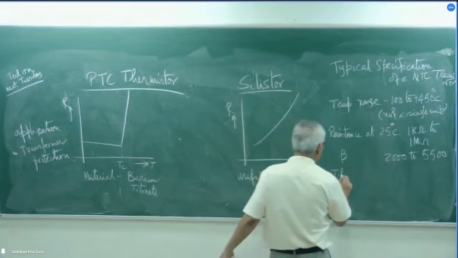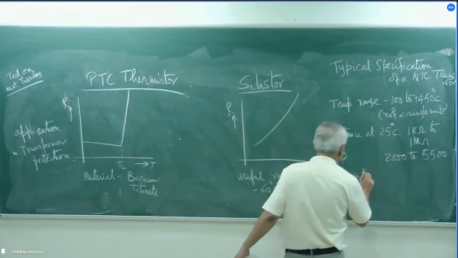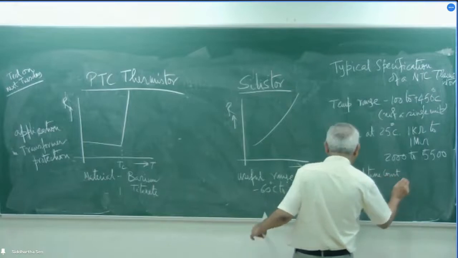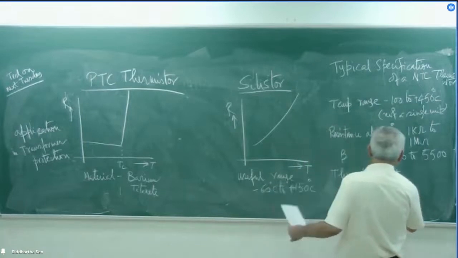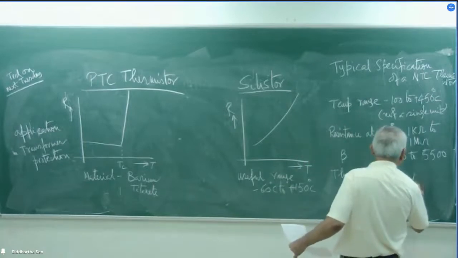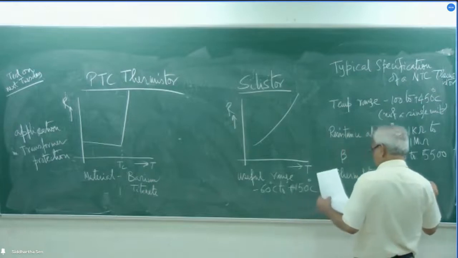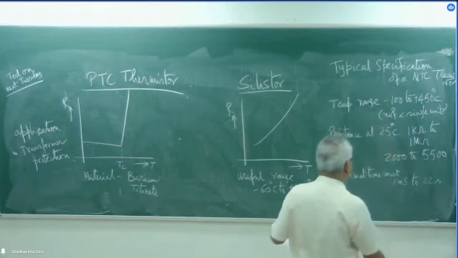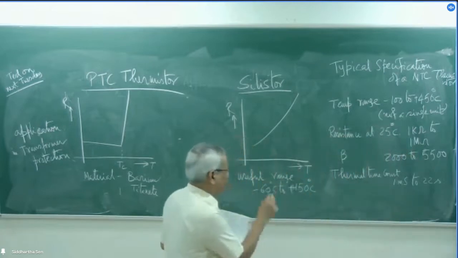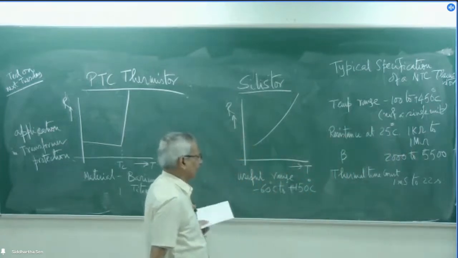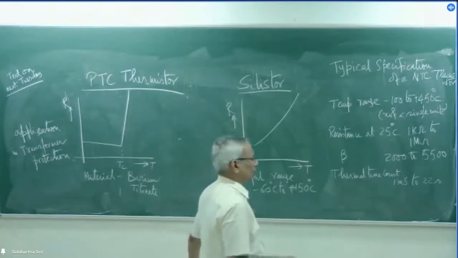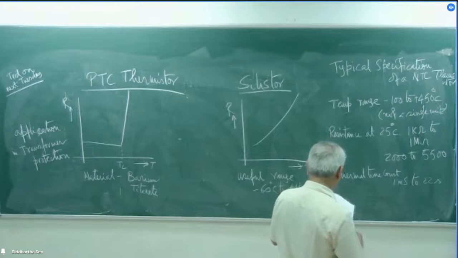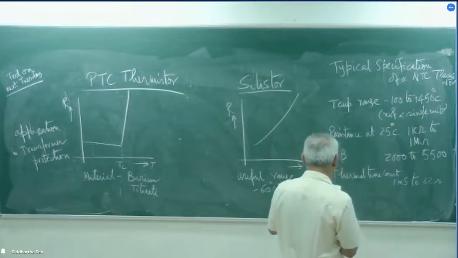Thermal time constant is basically 1 millisecond to 22 seconds. That means by designing, we can make it very small, 1 millisecond, but it is also possible to make it slower, 22 seconds also we can have.